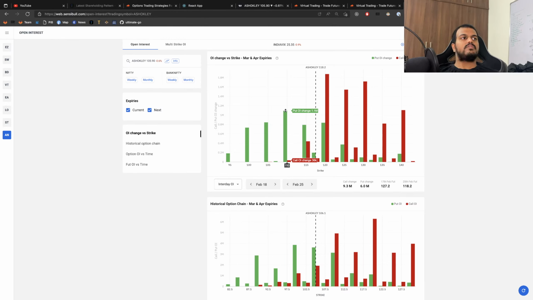But it has changed from 120 to 110. 110 is now a good resistance zone, but if it breaks again, 120 will be the strong resistance. So basically it should play within this zone is what we are anticipating, but it might not.